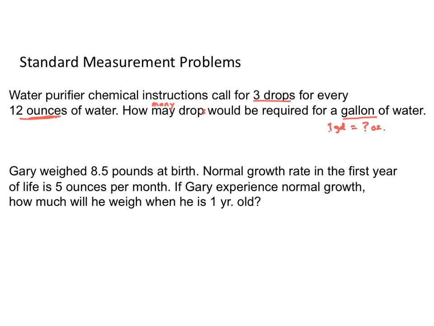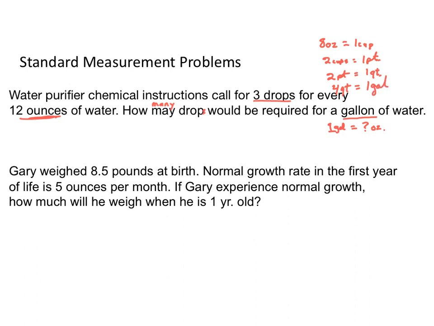Okay, good question. Now, on the measurement conversion sheet, we might have to do a little bit of work on this one. Here's what the sheet says. There's 8 ounces in 1 cup, and there's 2 cups in 1 pint, and there's 2 pints in 1 quart, and there's 4 quarts in 1 gallon.